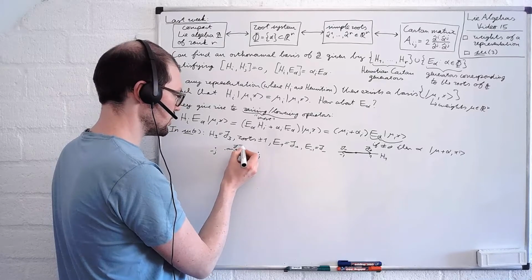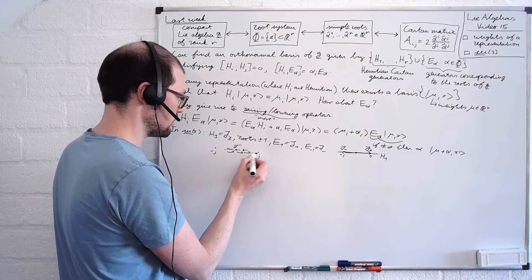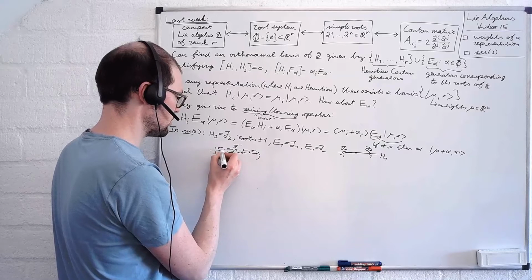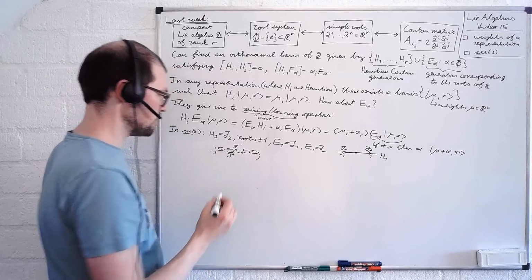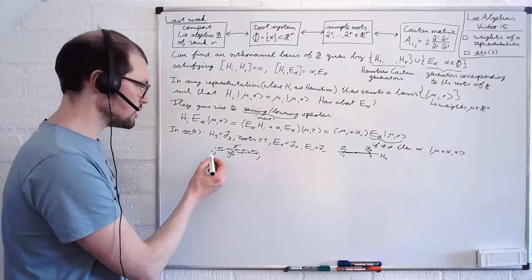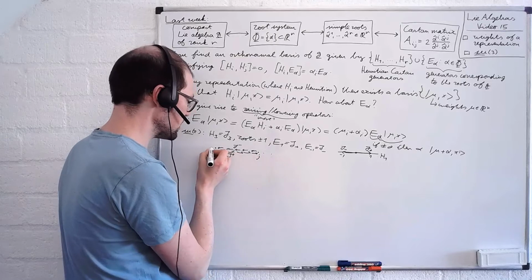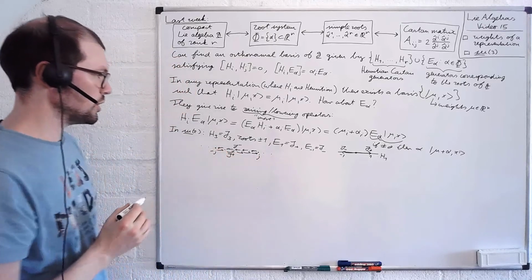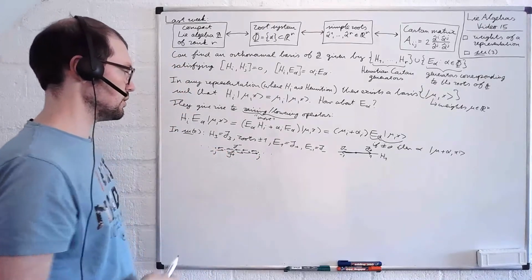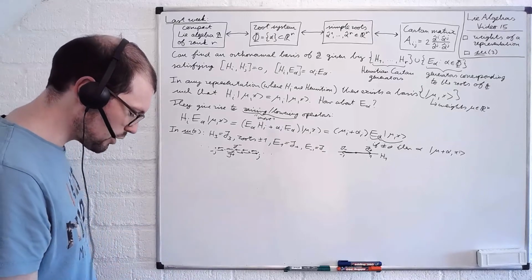So this is the J minus, and we also have J plus here. In a more general representation, you can have degenerate states, but we know that they will all have half integer weights by our classification.